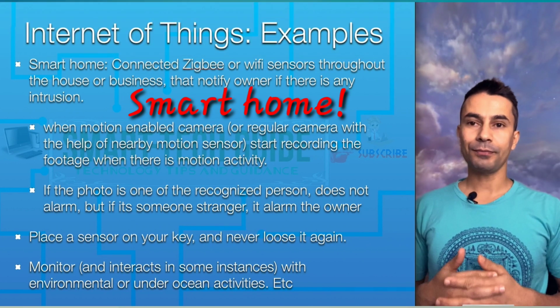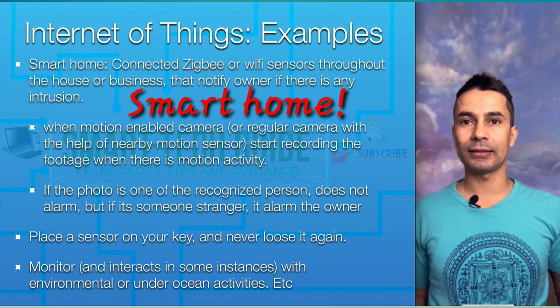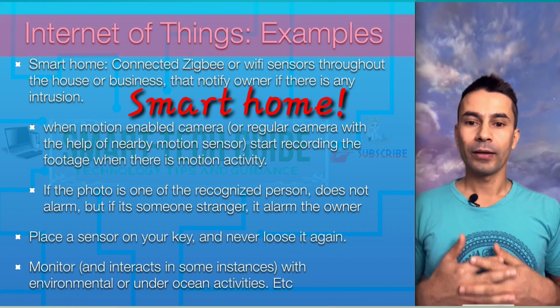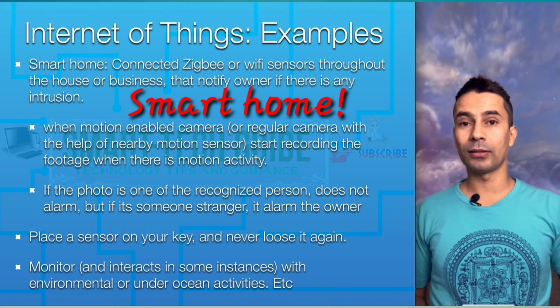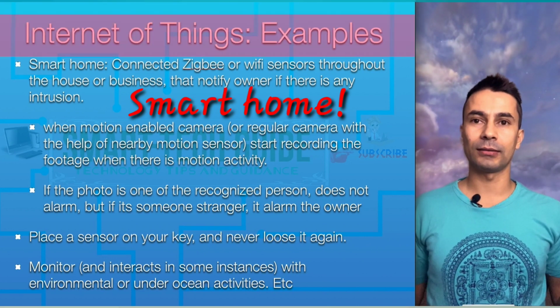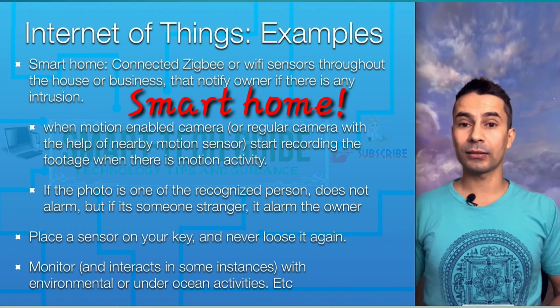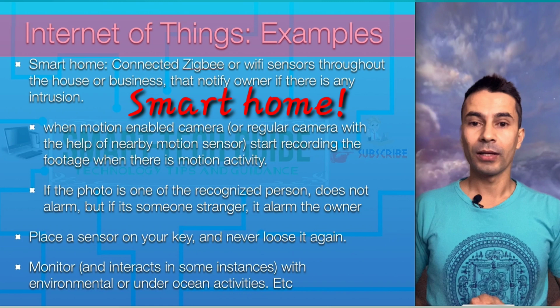And if it's some strange person, and if it's a thief activity, then they can notify the local authority, even if they are abroad on the vacation for 7 days, 10 days, or how many days, it doesn't matter. As long as they are connected to internet, they will get notification from their smart home devices.